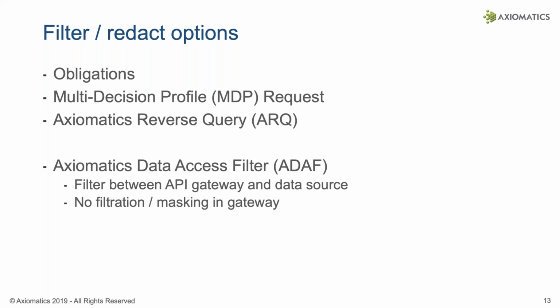The fourth thing that I just want to mention and we'll look at also is Axiomatics Data Access Filter, or ADAF. This is actually not performing filtering or redactions in the gateway. It would sit in between the gateway and the data source, provided that the data source is something that ADAF supports. So we'll take a look at that as well and how that can help in this case.